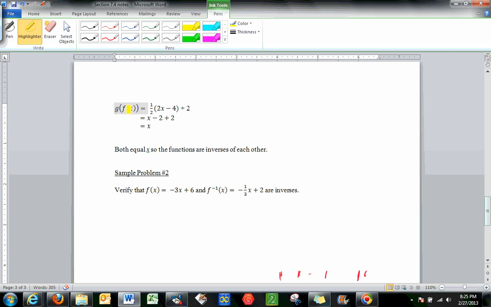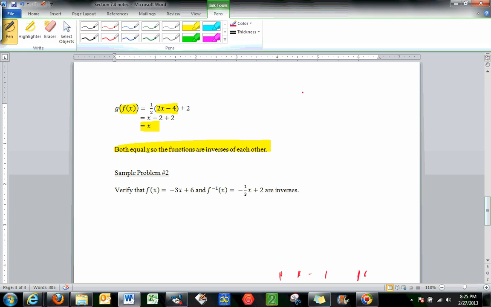So you can see here that in place of the x value in g of x, we're going to put the function f of x, and so we create a separate composite function that also equals x. So since they're both equal to x, that means that they're inverses of each other.